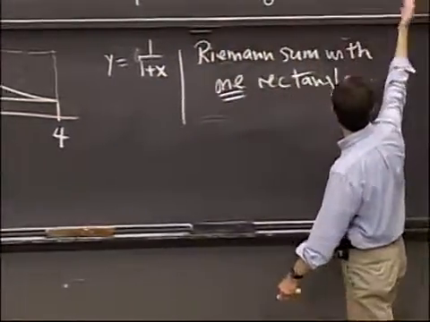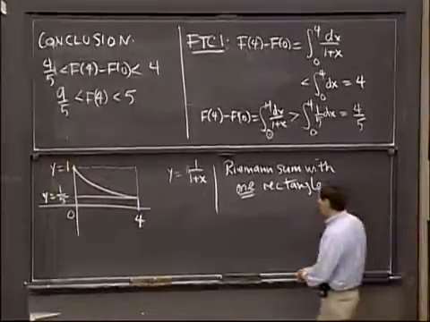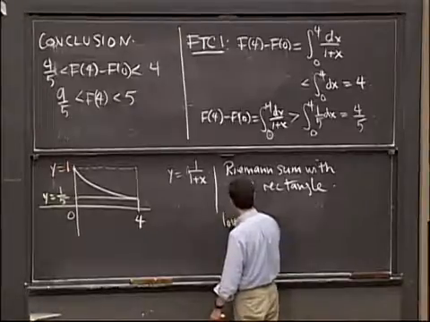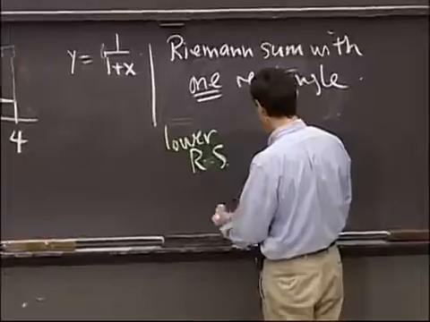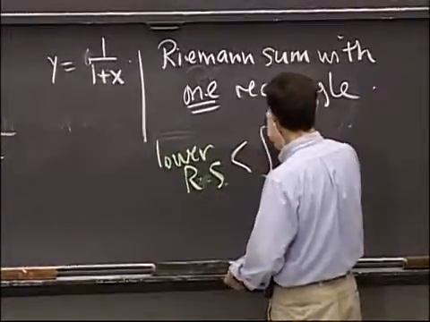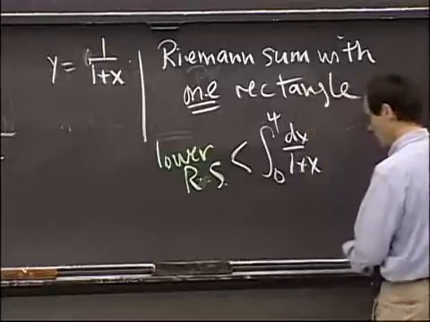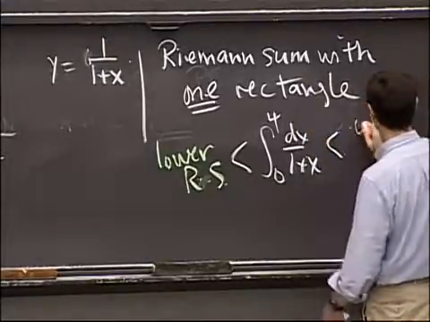The larger and the smaller values are off by a factor of 5. But this one is the lower Riemann sum. And that one is less than our actual integral, which is less than the upper Riemann sum.